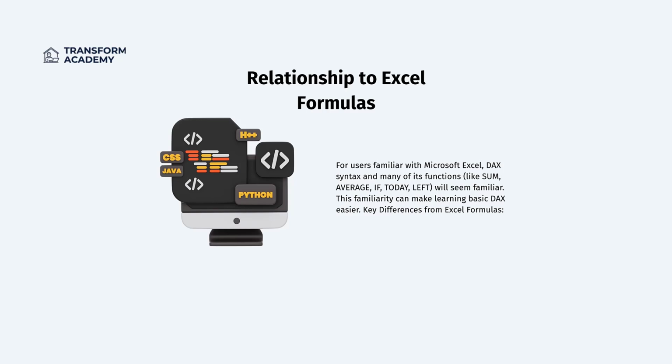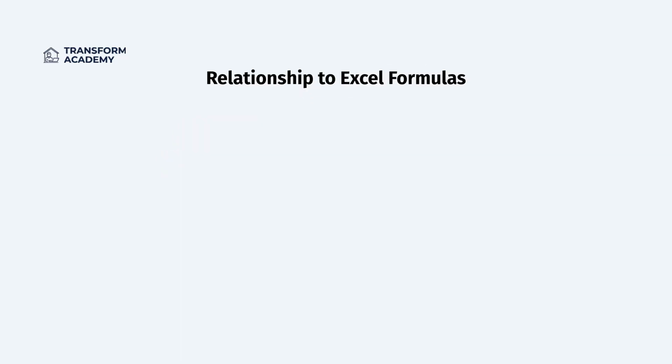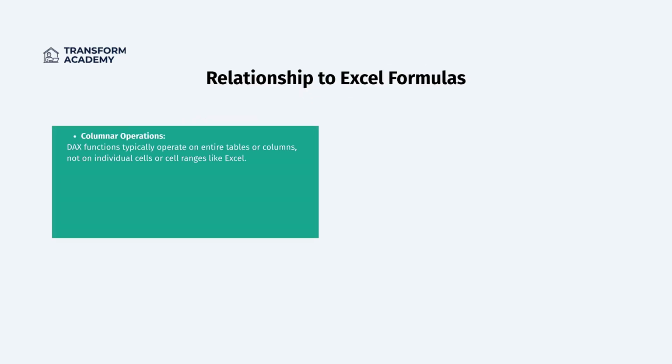Key differences from Excel formulas. Despite similarities, DAX operates fundamentally differently from Excel formulas. Columnar operations. DAX functions typically operate on entire tables or columns, not on individual cells or cell ranges like Excel. Context.